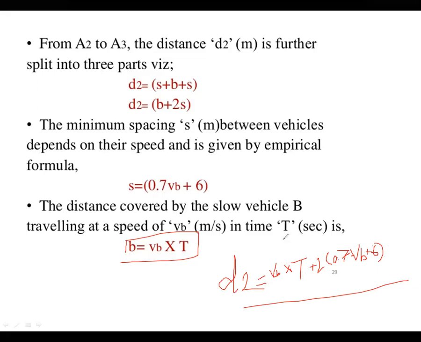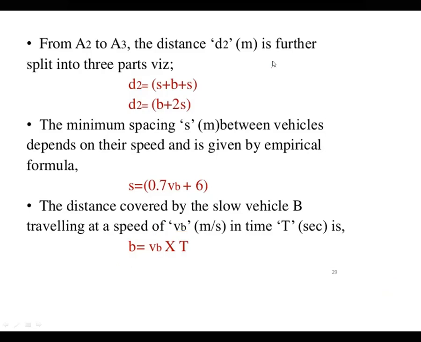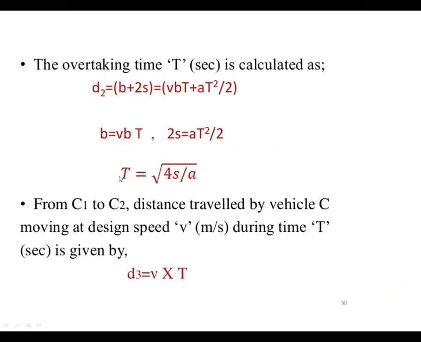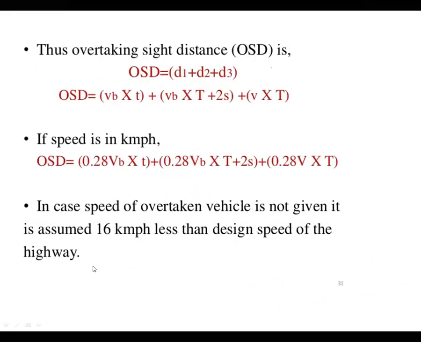This will be the D2 formula. T is the time in seconds, equal to the square root of 4s upon A, where A is the acceleration. From C1 to C2 the distance is V into T, where V is the design speed of the moving vehicle. Then the OSD formula becomes this.